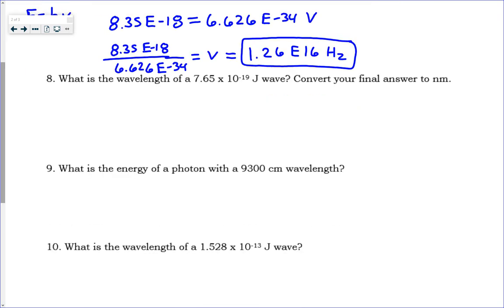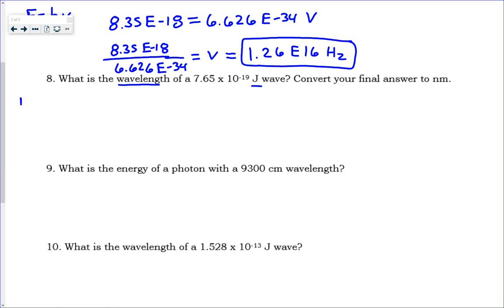On to problem 8. 8 says, what is the wavelength of a 7.65 times 10 to the negative 19th joule wave? Convert your final answer to nanometers. So this problem is tricky for a couple of reasons. One, it relates wavelength and joules, which is energy, which is one of the more complicated equations that we have to deal with.